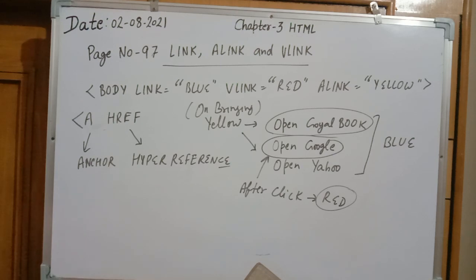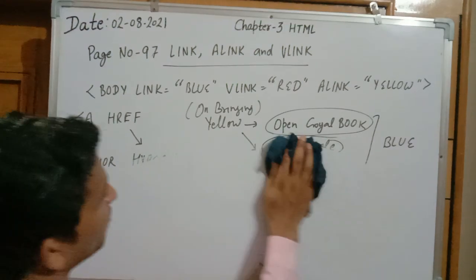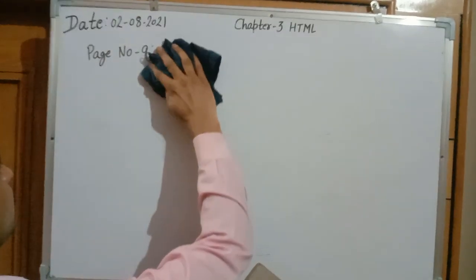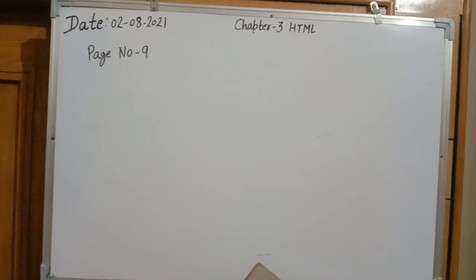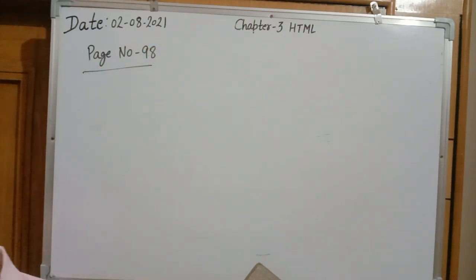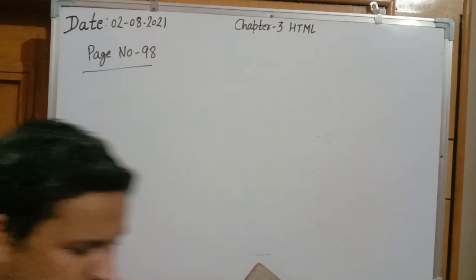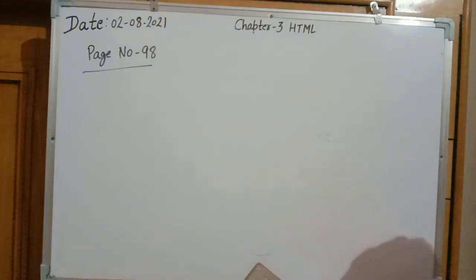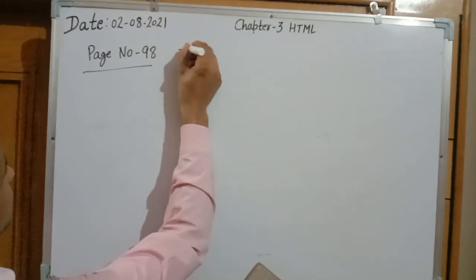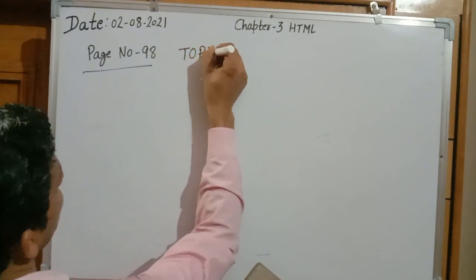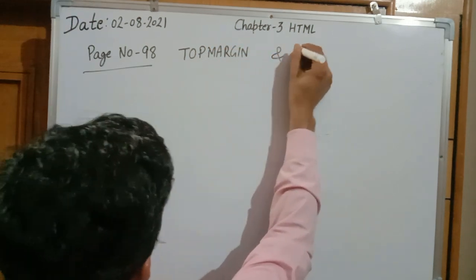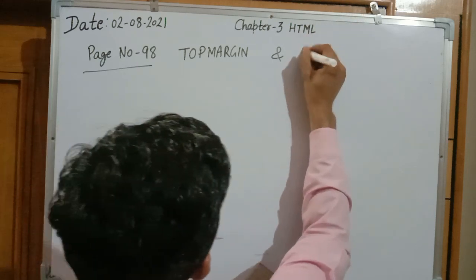Come to the next program, that is page number 98, program number 4. If you see the program number 4 example, two attributes are used. Which ones? Top margin and left margin.